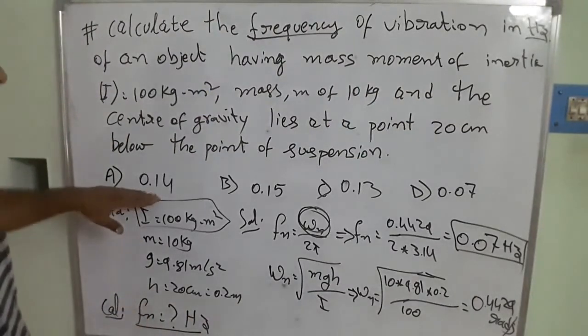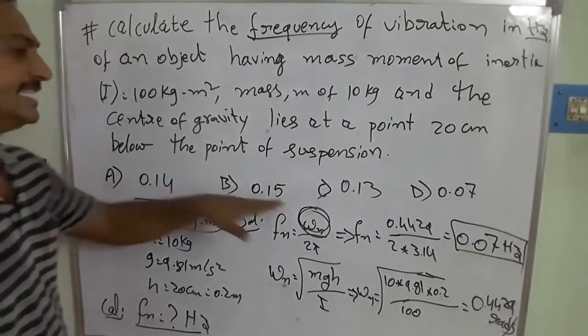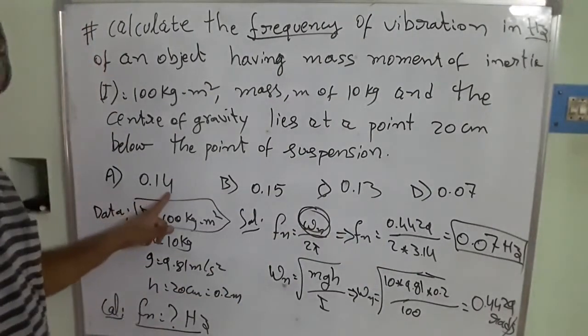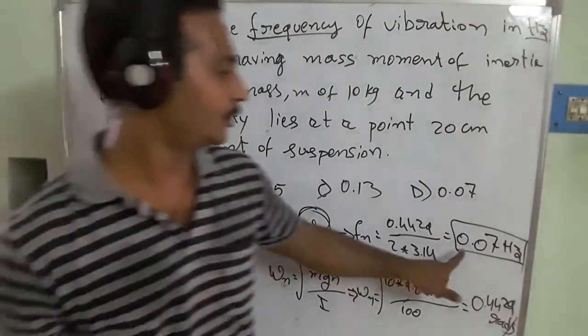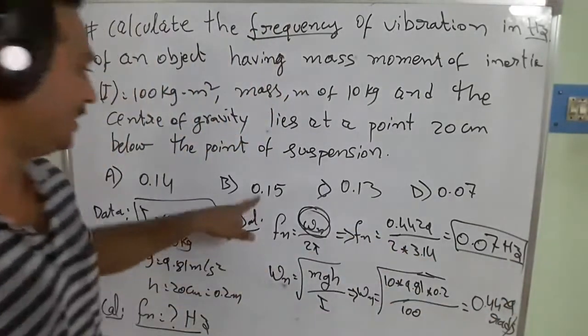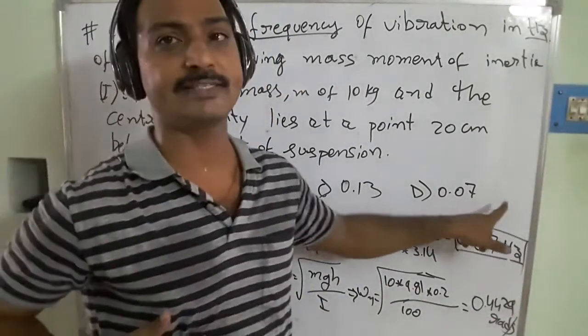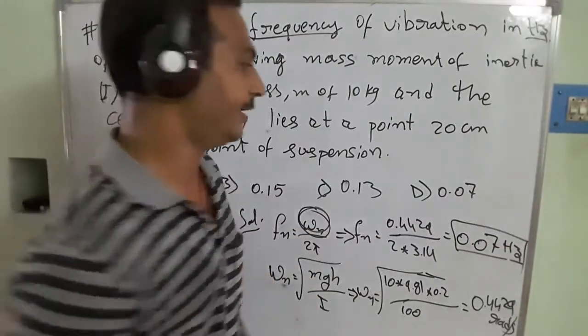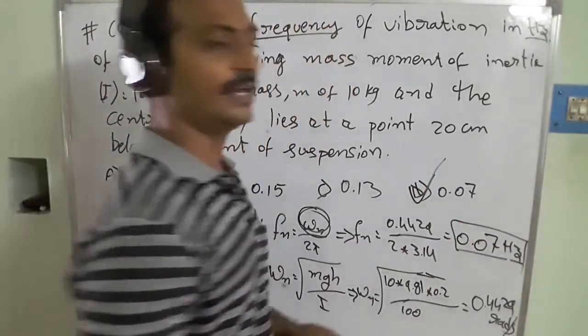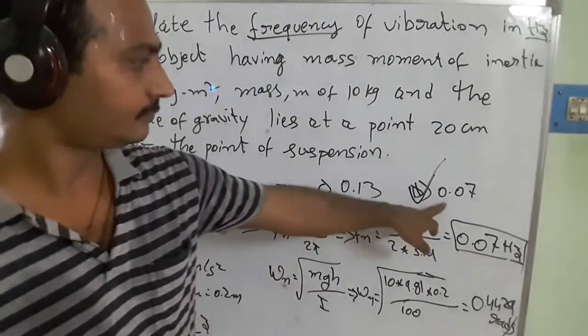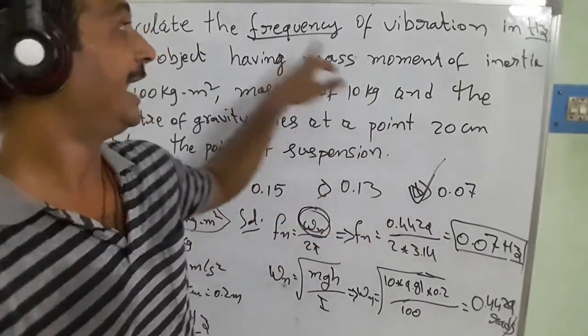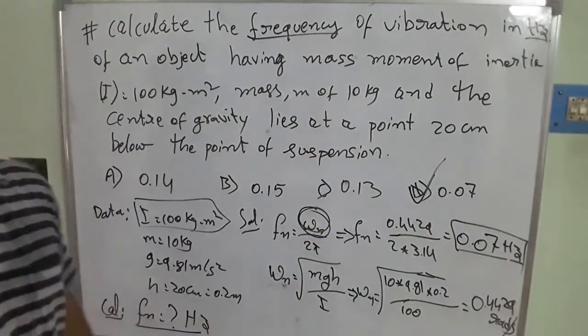At the same time, he has given the A, B, C, D values. A is equal to 0.14, B is 0.07 Hz, C is 0.15, 0.13, and D is equal to 0.7. So I am going to choose 0.07 as the final value of the natural frequency of the given compound pendulum.